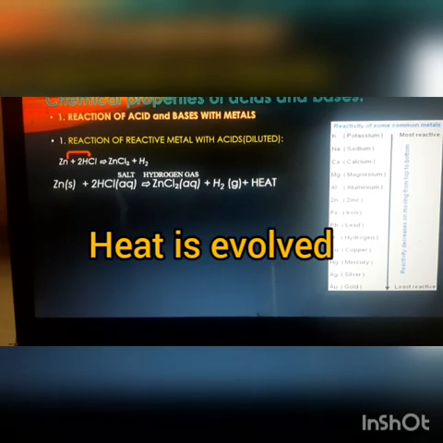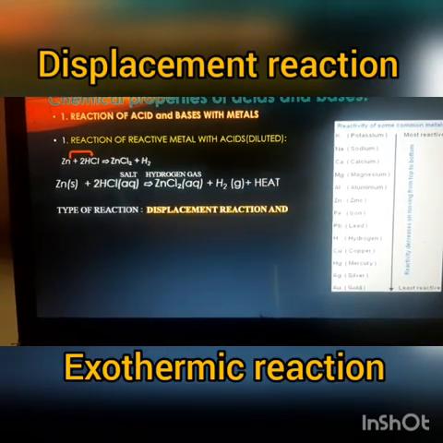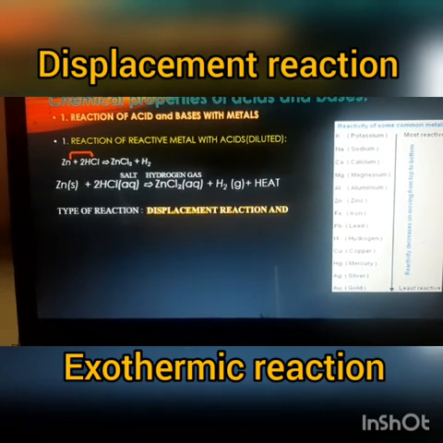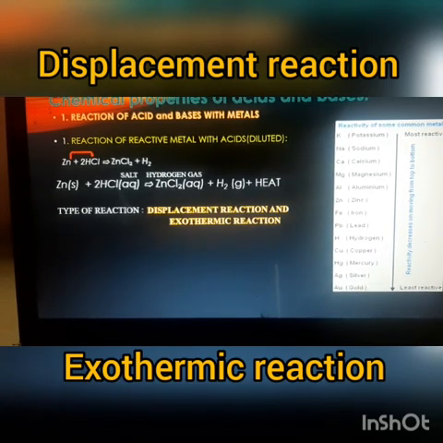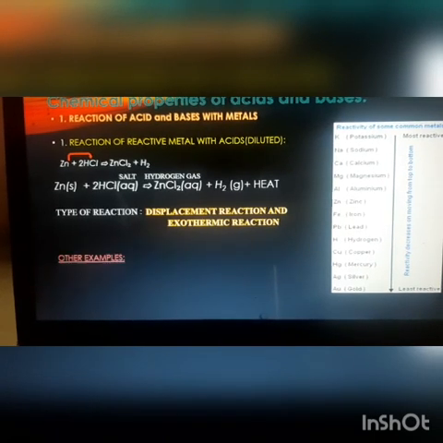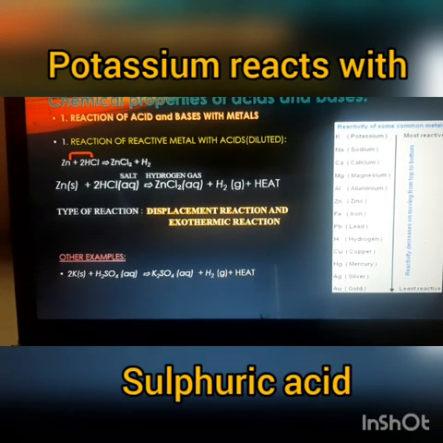One more thing, students, here heat is also involved. So this is a displacement reaction, as zinc is displacing the hydrogen, as well as an exothermic reaction. We'll see other examples as well, like potassium when it reacts with sulfuric acid.